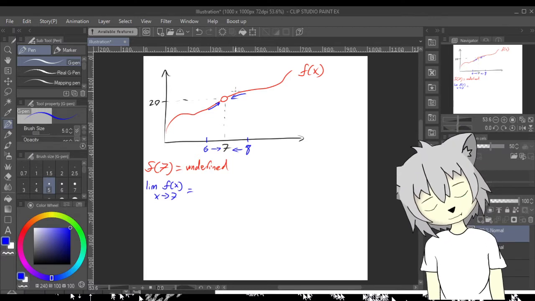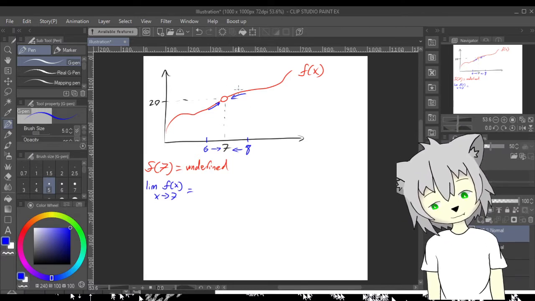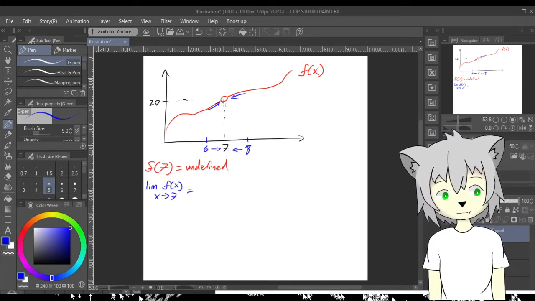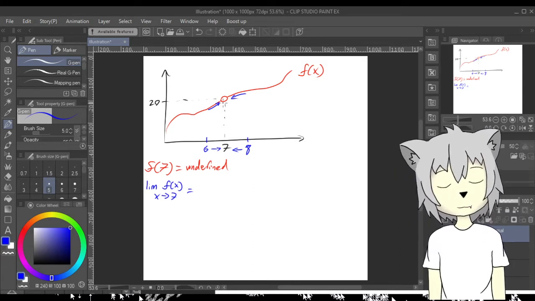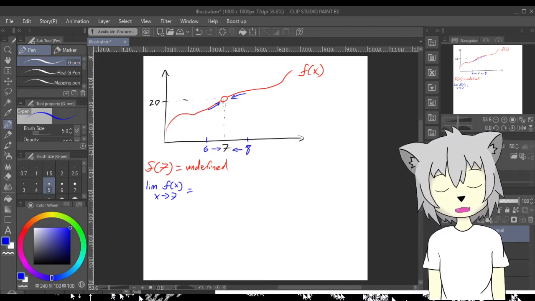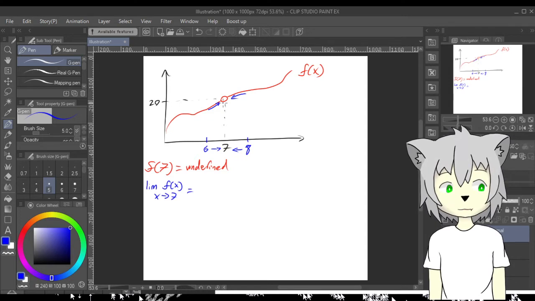And of course from the other end, 21.5, 21.2, 20.8, 20.6, 20.45, 20.205, 20.1285.